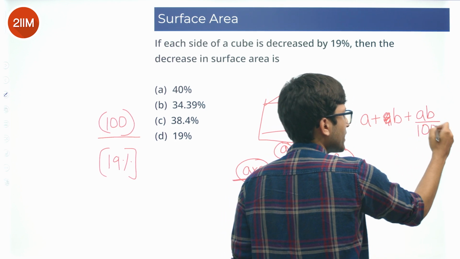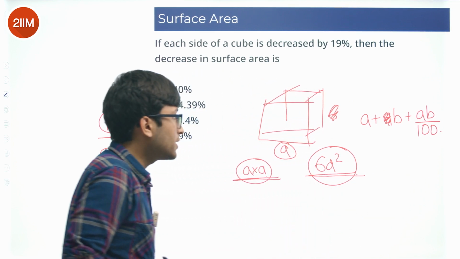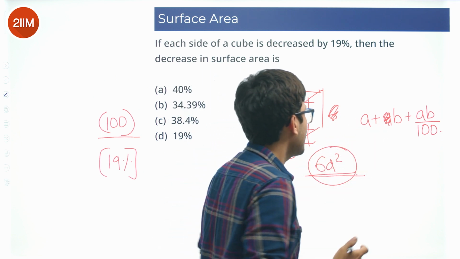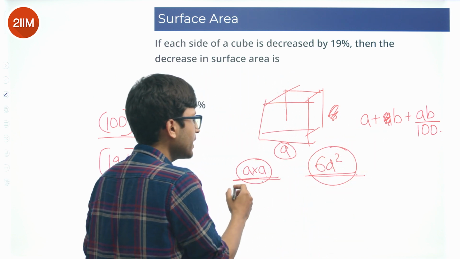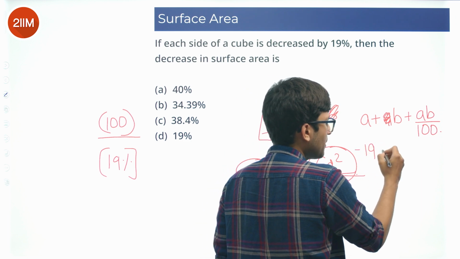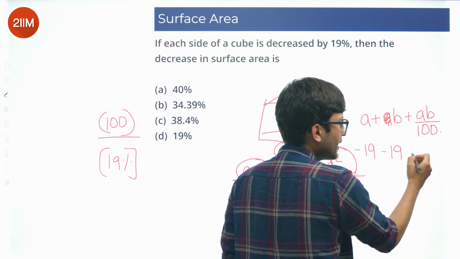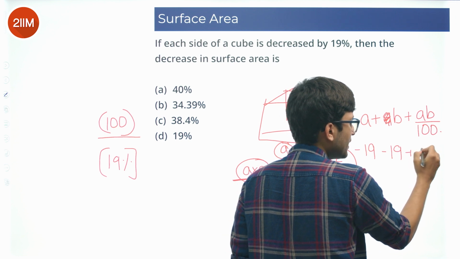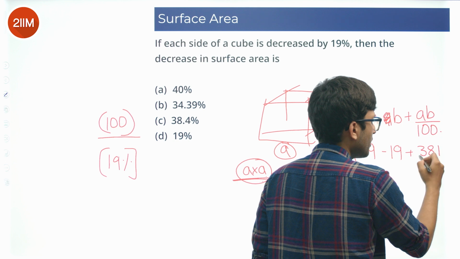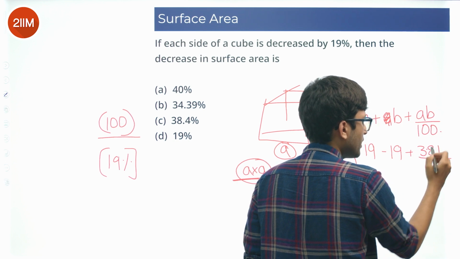This is the total reduction in percentage. Here A and B are the same value, because A into A. So it would be minus 19, and minus 19 into minus 19 will be plus, and 19 square will be equal to 381 by 100 or 3.81.